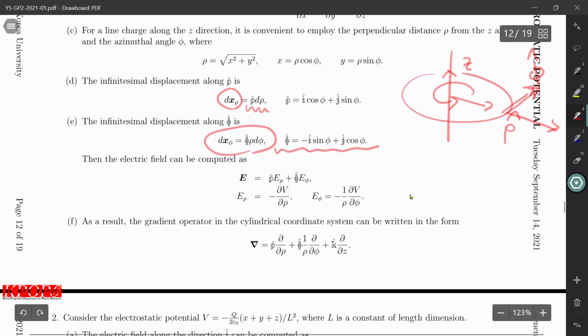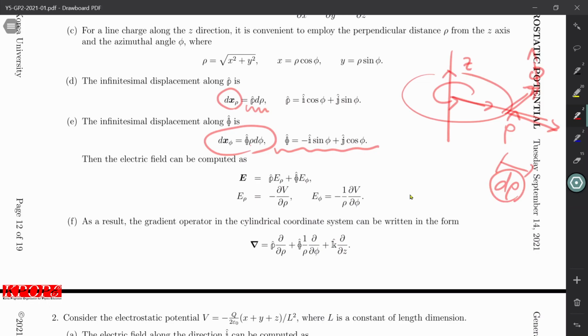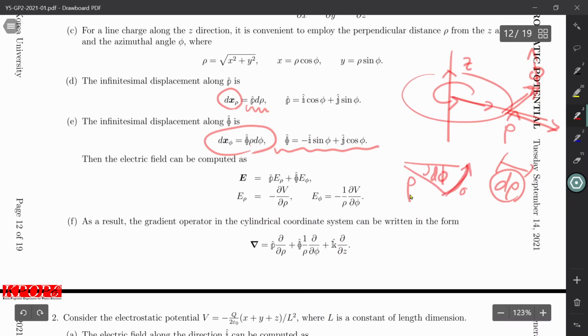Anyway, the displacement along this radial direction is d rho. The magnitude of displacement along the angular direction, if it is a radius rho and we have angle d phi, then this magnitude of displacement is rho d phi.